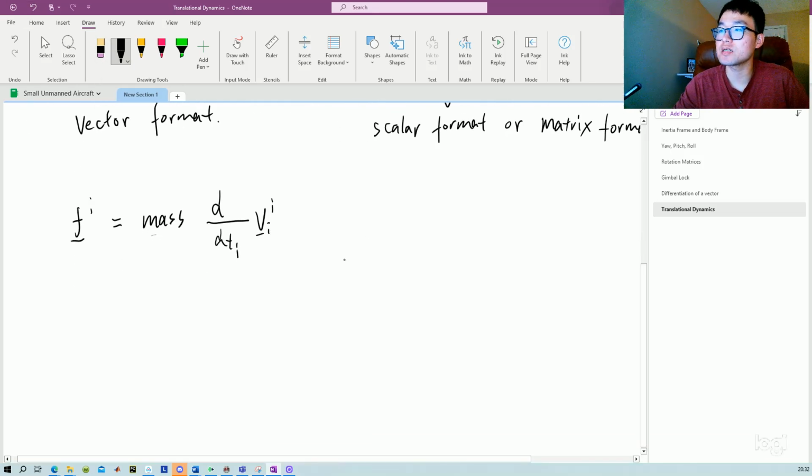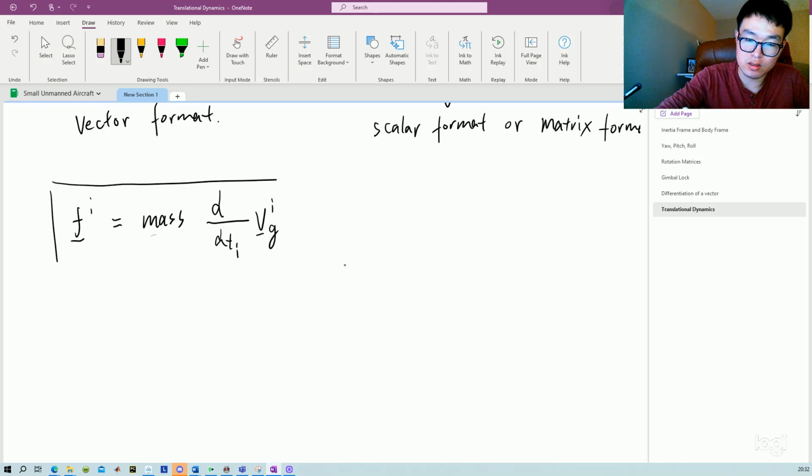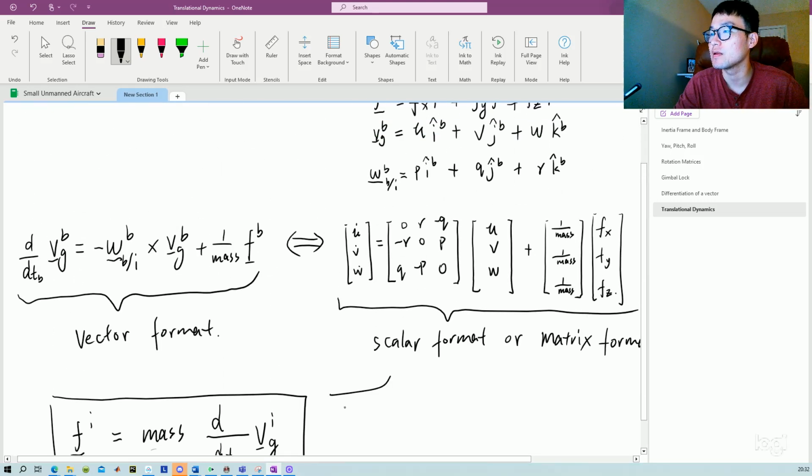And for simplicity, we usually take the inertia frame to be the ground G, because we assume the ground itself is inertial, and we ignore the effect of the self-rotation of the Earth, which is relatively slow against the aircraft. So this governing equation, if you studied high school physics, you will understand it. Force equals mass times acceleration. Going from here, we will derive those.